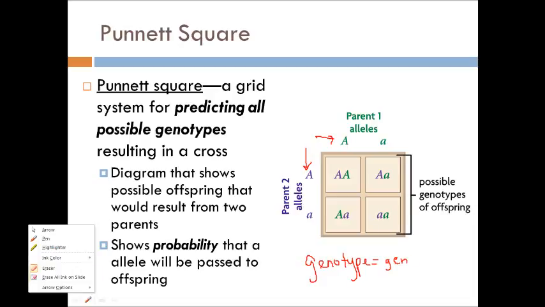And the reason why we want to do Punnett squares here is because they allow us to find the probability of getting a particular genotype or a particular phenotype. So we can look at the Punnett square, see the possible outcomes, and use this to predict the possibility of getting a homozygous dominant or a heterozygous individual.